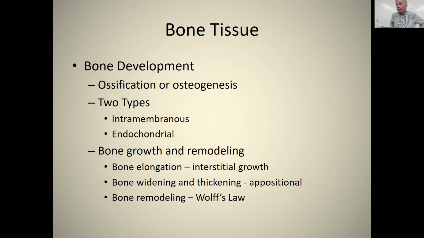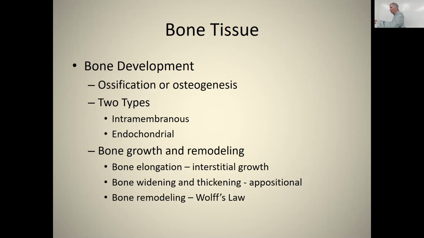They start off as hyaline cartilage and they become bones. There's a few bones that are intramembranous. I think most of the flat bones of your skull are intramembranous. I think your clavicle is intramembranous. And most other bones are endochondral. Mesenchyme. So intramembranous comes from mesenchyme, and endochondral comes from hyaline cartilage.